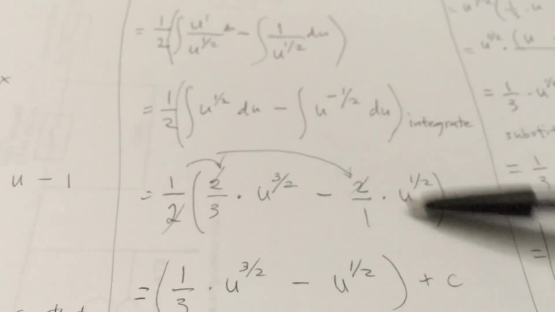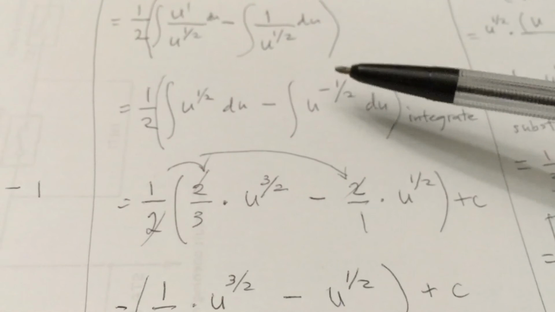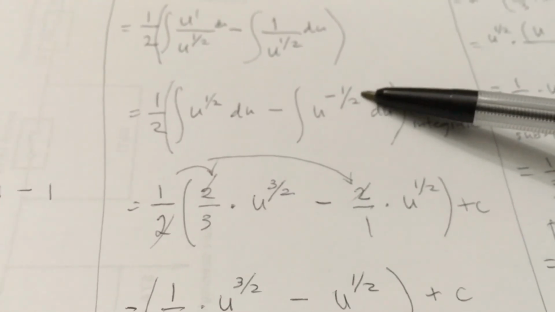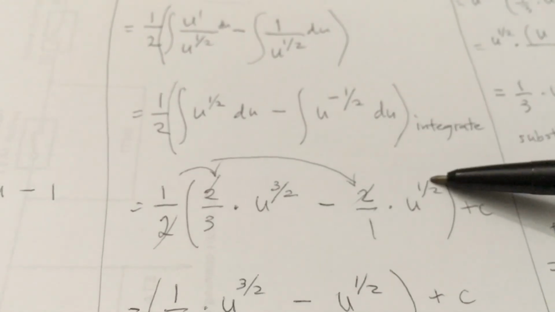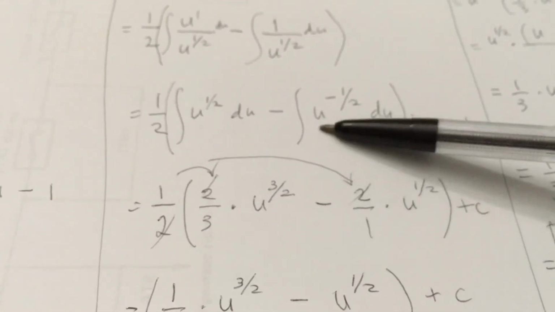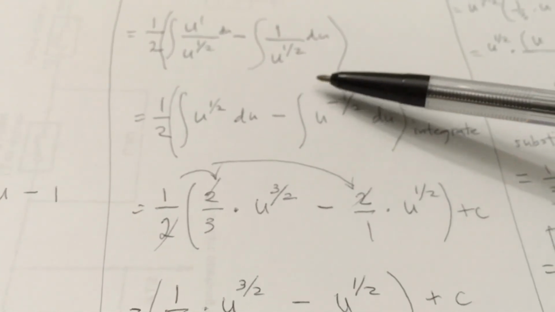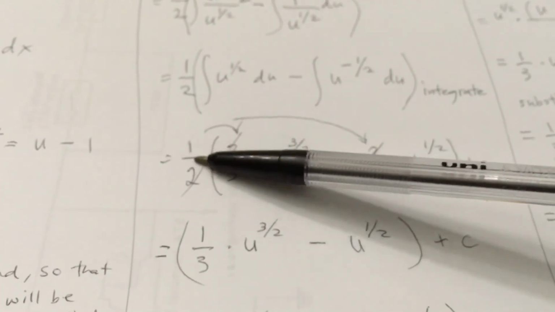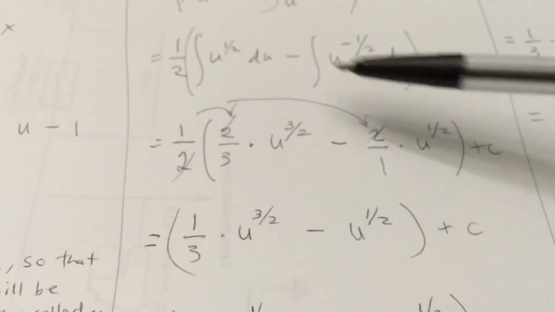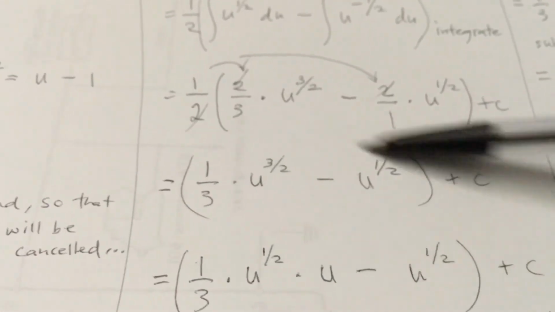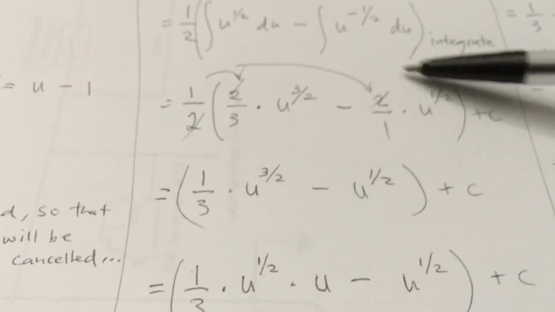Put a parenthesis there. And on this side, negative 1/2 plus 1 will be 1/2. Put the 1/2 at the denominator, or at the same time the reciprocal, which is 2 over 1. Distribute. If you distribute that, this will cancel and this will cancel, and this will be the result if you distribute that.